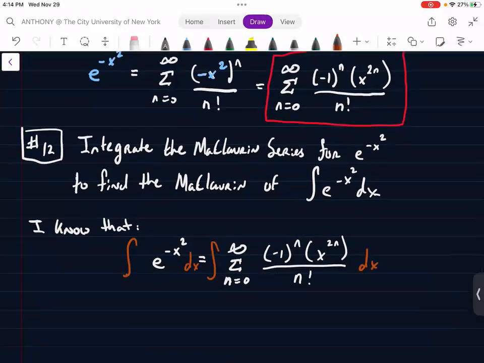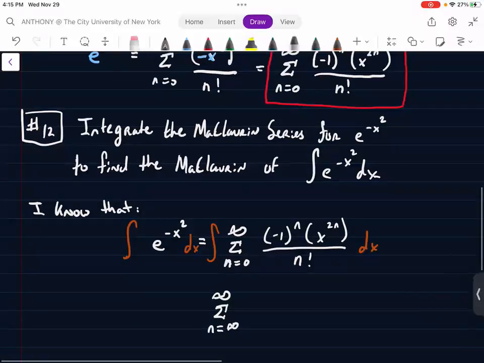So when I integrate the right-hand side of our equation here, you're formulating a new sum, and this sum requires you to basically use the power rule for integrals. What you're going to get is still the sum from n equals 0 to infinity. Now remember, negative 1 to the n and n factorial are going to be constants, so they come along for the ride. So you got your negative 1 to the n on top.